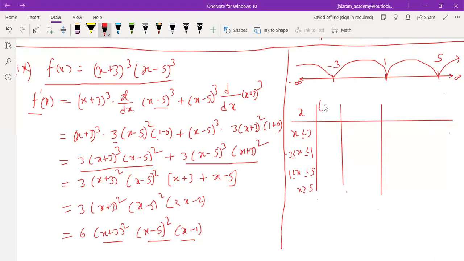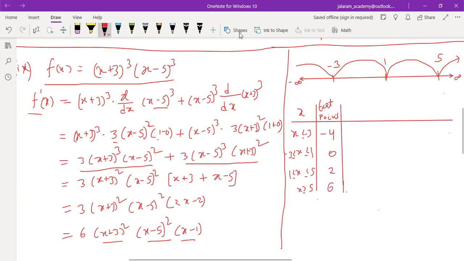Then take a test point. Is that clear to you? So take a test point for x less than -3. Can we take -4? Next is x lying between -3 to 1, take 0. 1 to 5, take 2. Greater than 5, take 6.